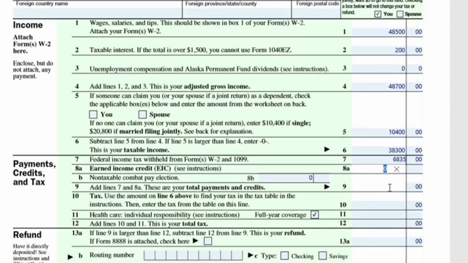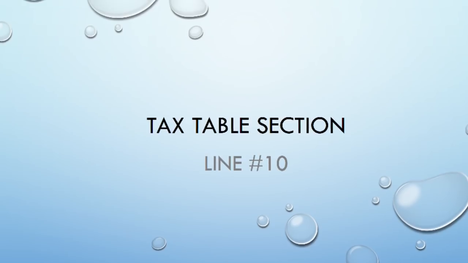Earned income credit does not apply to Paco. You can see instructions for that. Also, nontaxable combat pay election doesn't apply to Paco either. He was not in the military. So we're going to go ahead and add 7 and 8, and we'll have 6,835 again.